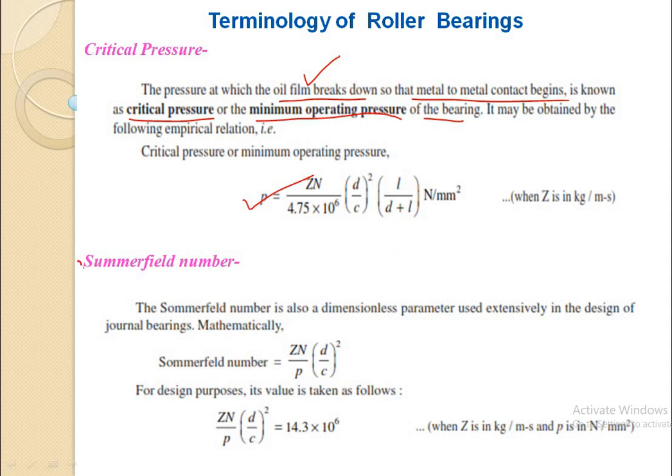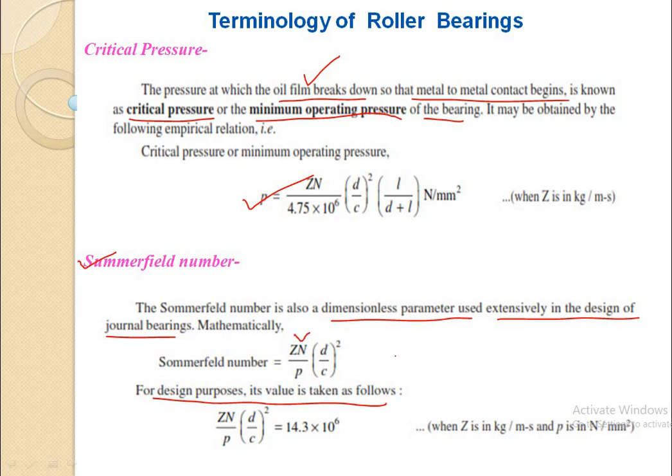Next is the Sommerfeld number. The Sommerfeld number is also a dimensionless parameter. What is its application? It is used extensively in the design of journal bearings. For the design of a bearing, we use this value of the Sommerfeld number.